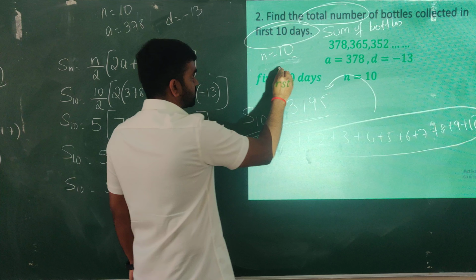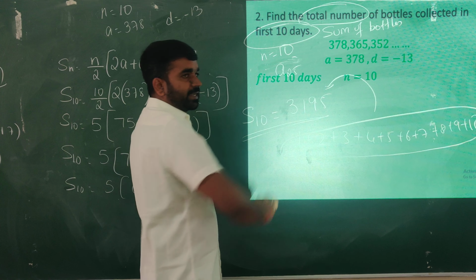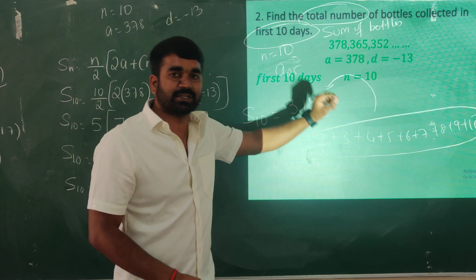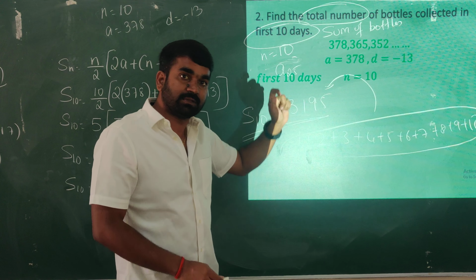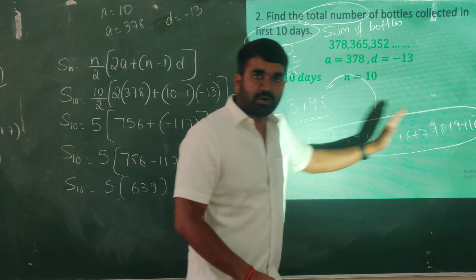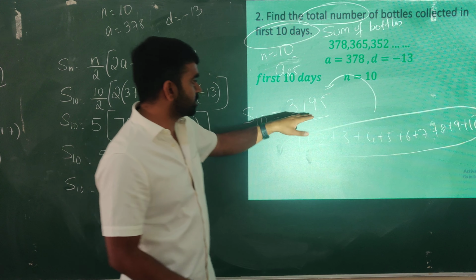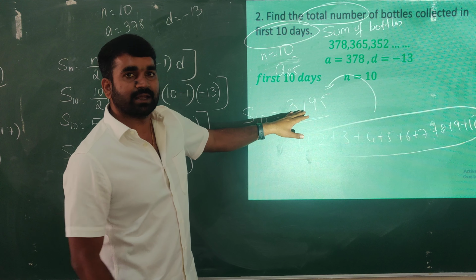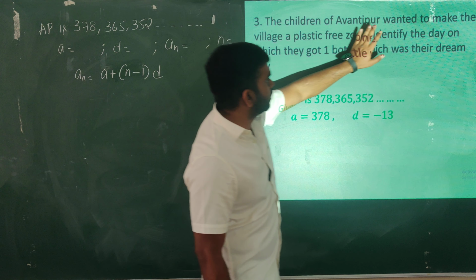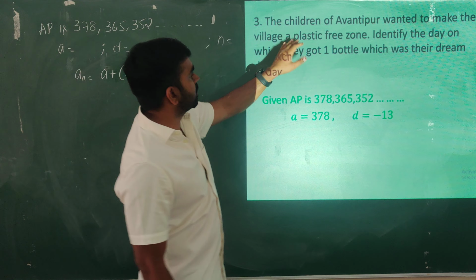Whereas in the previous first sub question, A25, we calculated that on the 25th day, the bottles collected on that particular day were 66. Here, the sum of bottles collected in the first 10 days is equal to 3195.